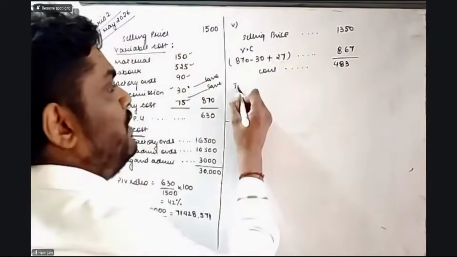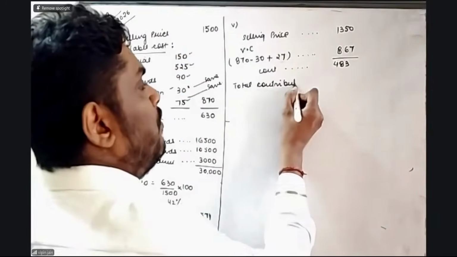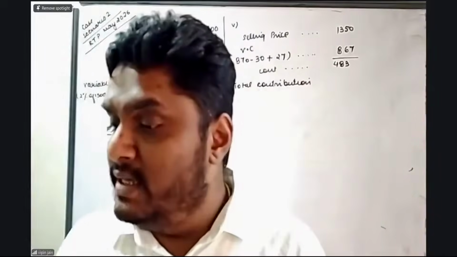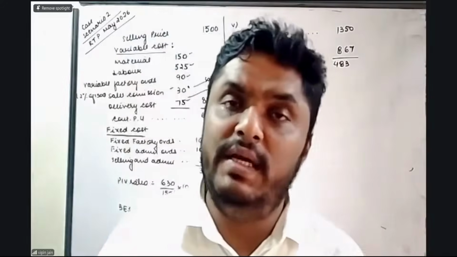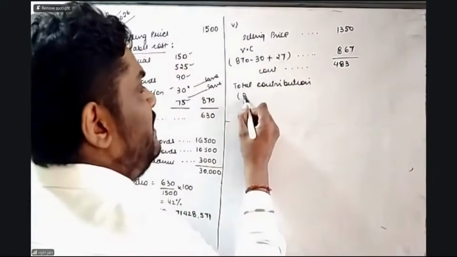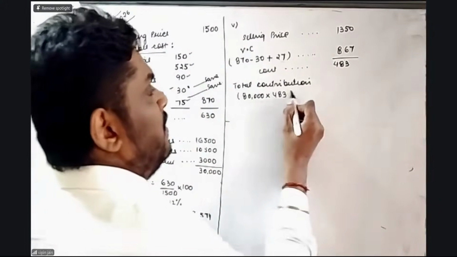Now, my total contribution will be how much? See, the number of units will be increased by 60%. 60% means 50,000 into 60%, that is 30,000. So the number of units will be 80,000 into 483.